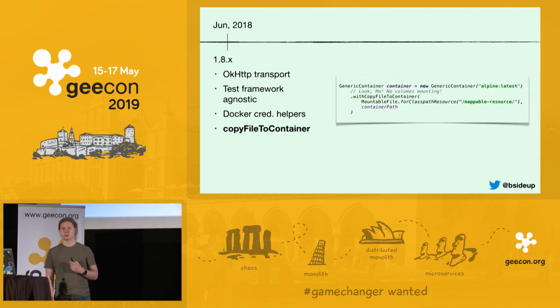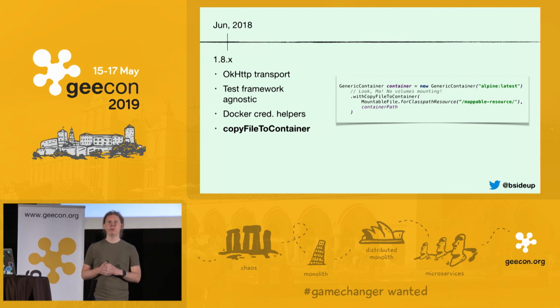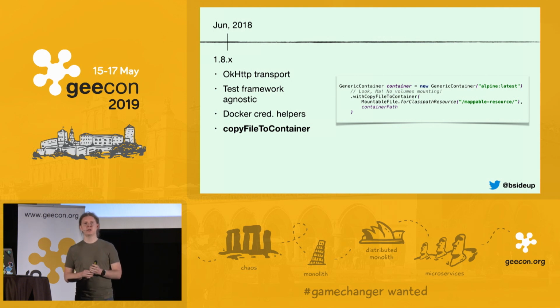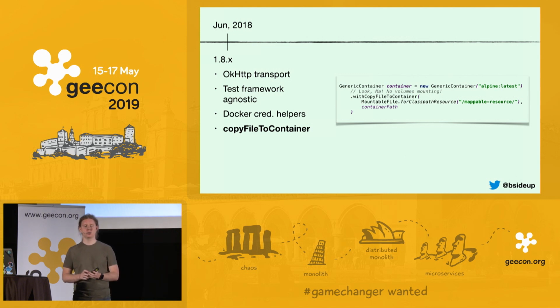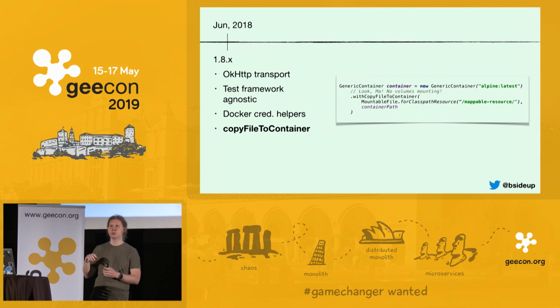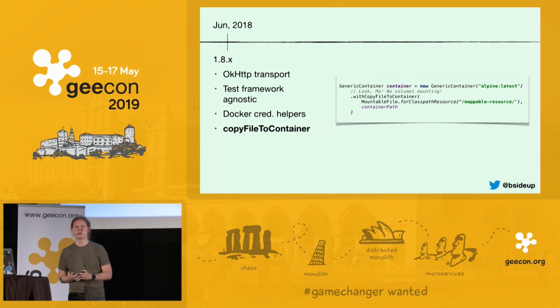And we also added copy file to container. Why, you would ask? Because once I was doing a demo, and I was saying that, yes, Testcontainers can run on some remote machine, actually. And I had a remote machine running in Amsterdam, and I was presenting in St. Petersburg, I think.